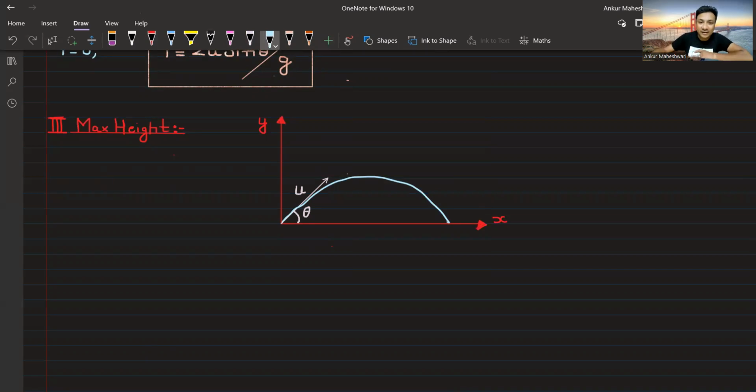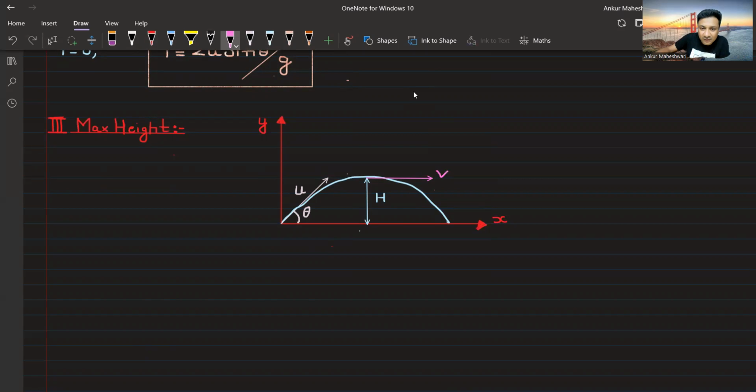Now, what is the maximum height? See, maximum height is the distance between the topmost point and the horizontal level. This is the maximum height, capital H. So, first of all, if you draw the velocity vector at the maximum height, it will be drawn like this only.